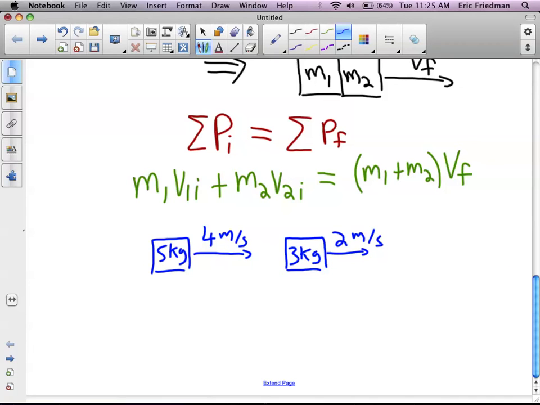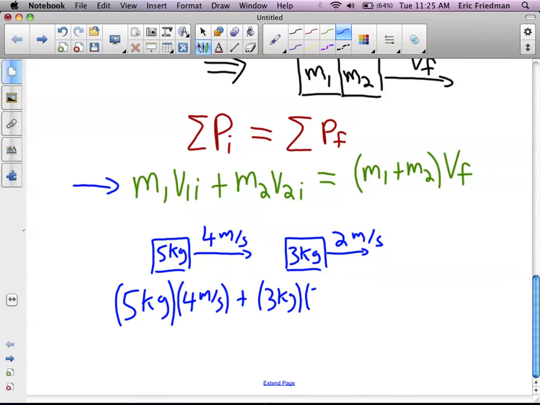Let's just go ahead and plug it into our formula right here for inelastic collisions. And here's what it's going to look like. My M1 is 5 kilograms times my V1, 4 meters per second, plus M2, 3 kilograms times 2 meters per second.